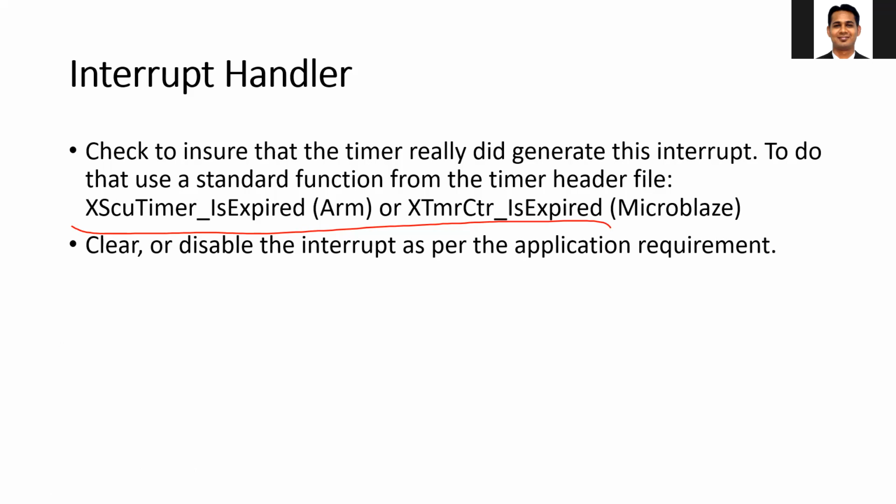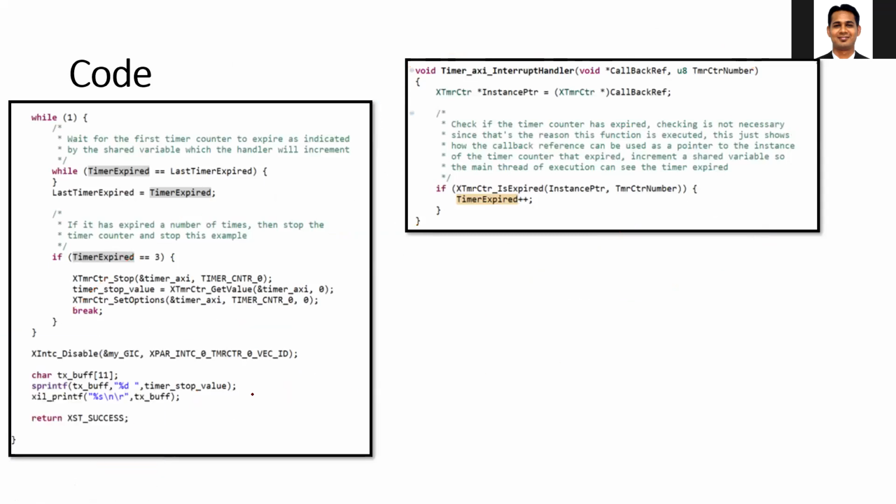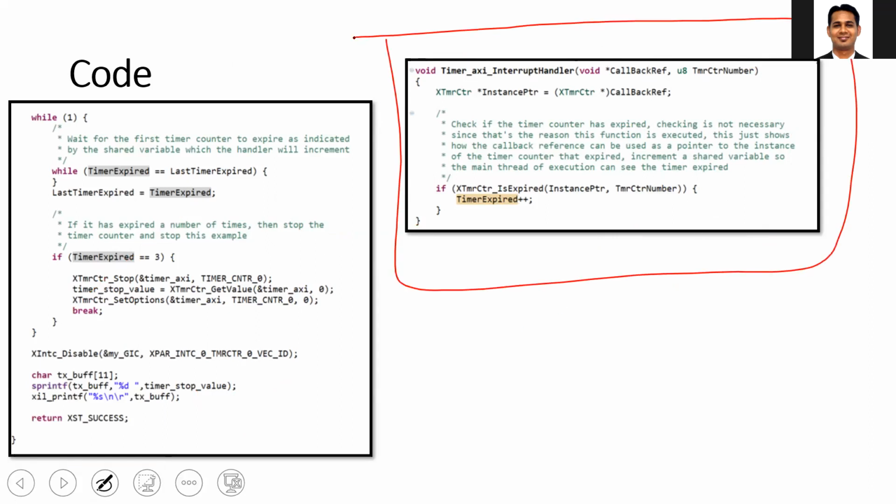Now with this information, we'll go back to our handler code. Okay, so you can see that this is the handler code which will be called whenever the interrupt occurs. And you can see that you are sending this callback reference. This becomes your local one, and then you are checking whether this has been expired.